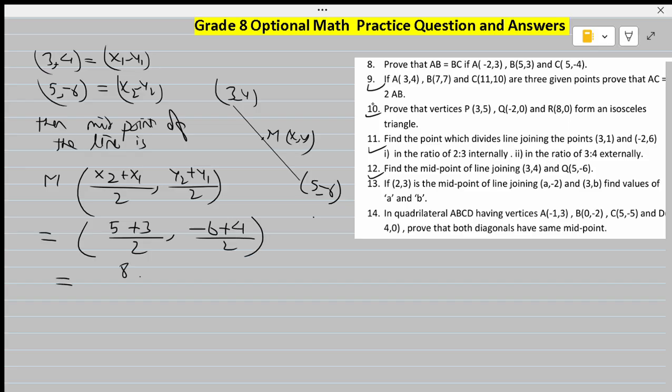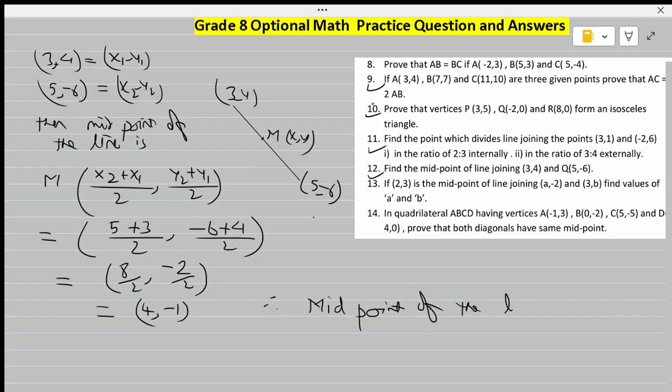So 5 plus 3 is 8 by 2, and minus 6 plus 4 is minus 2, divided by 2. 8 by 2 is 4, and minus 2 by 2 is minus 1. Therefore the midpoint of the line is 4 comma minus 1. So number 12 is done, and now we move on to number 13.